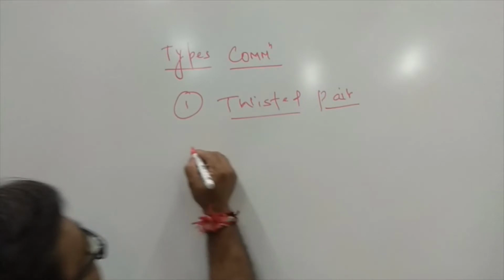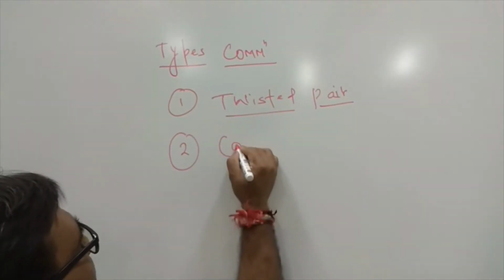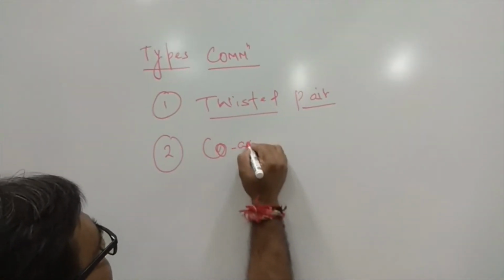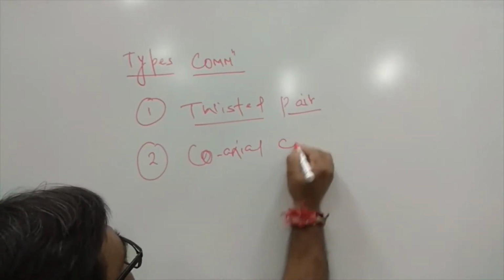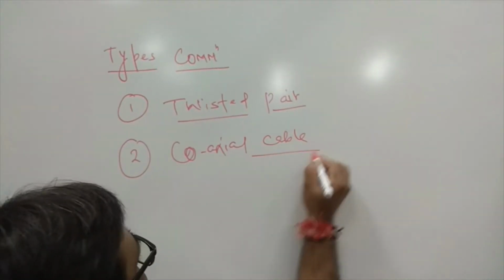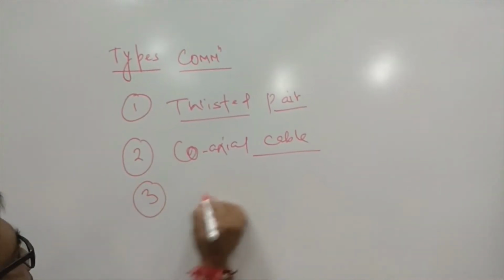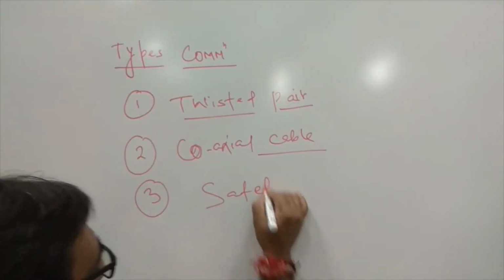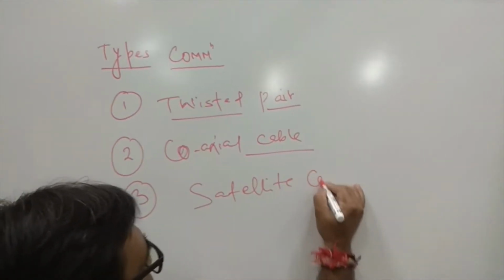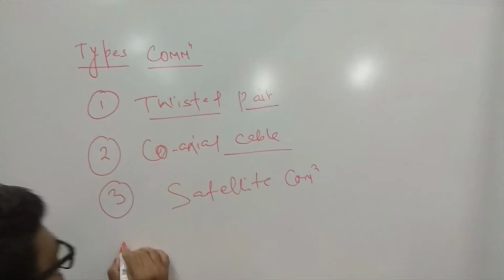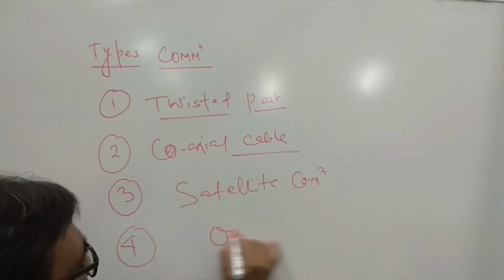The second one is coaxial cable communication. The third one, no doubt already told, is satellite communication. And the fourth one is optical fiber communication, right?